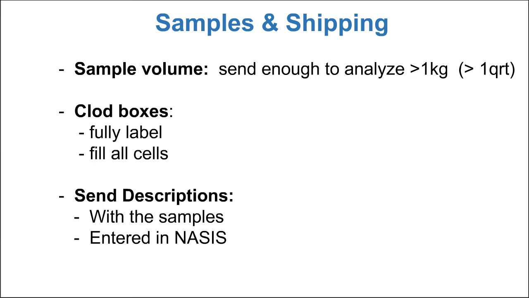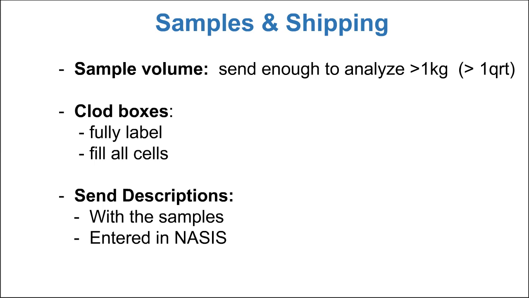If we're filling the clod box, we want to put those clods, typically 3 clods for a ped or for a horizon, in a logical order. If you're sampling for every layer, we typically do it from the closest to the lid: 3 clods, and then the next horizon would be just to the right of that, and then we'd move down one row and start the next one, 3 clods.